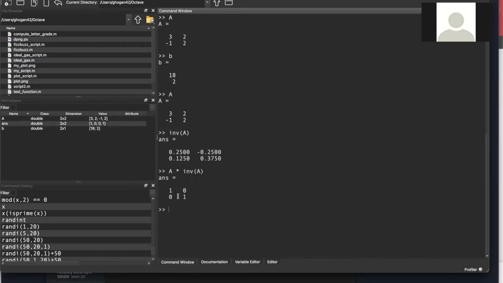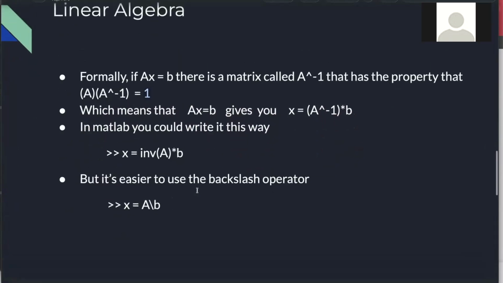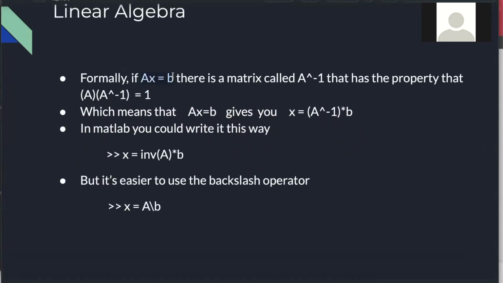And so that special property lets us solve equations, because if we go back here, if you had an equation AX equals B as it's written here, then if you wanted to solve this for X, what you would do is you would multiply both sides by A inverse.